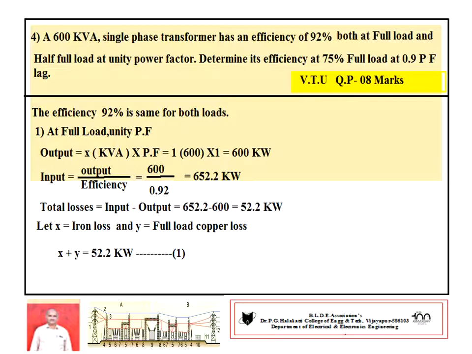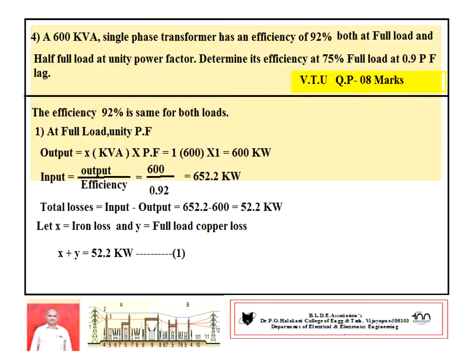Generally iron loss remains constant, copper loss varies at any load condition, that is x square times of full load copper loss, we have to remember. So two load conditions are given, then you calculate output, you calculate input, then total loss.